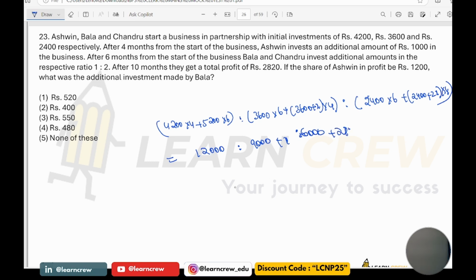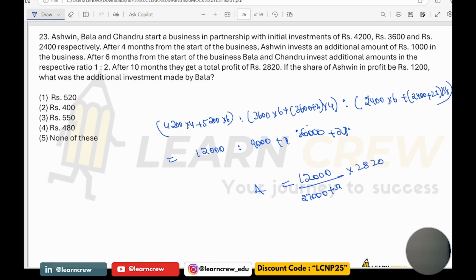So what will be Ashwin's share here? Ashwin's share would be 12,000 divided by the total, 27,000 plus 3X, into 2820.